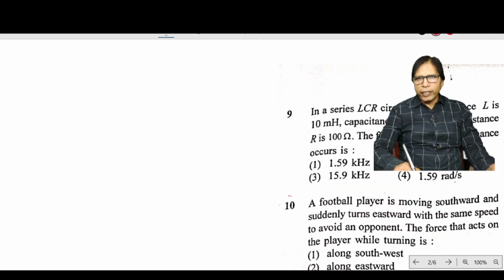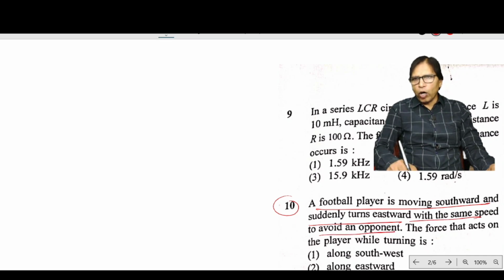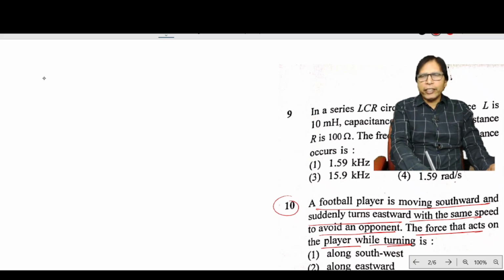Okay. Look at question number 10. A football player is moving southward and suddenly turns eastward with the same speed to avoid the opponent. The force that acts on the player while turning. Now look at this, this is the final vector, the eastward, so i cap.